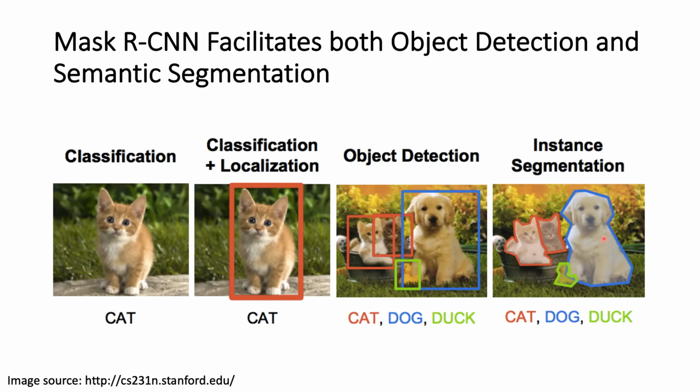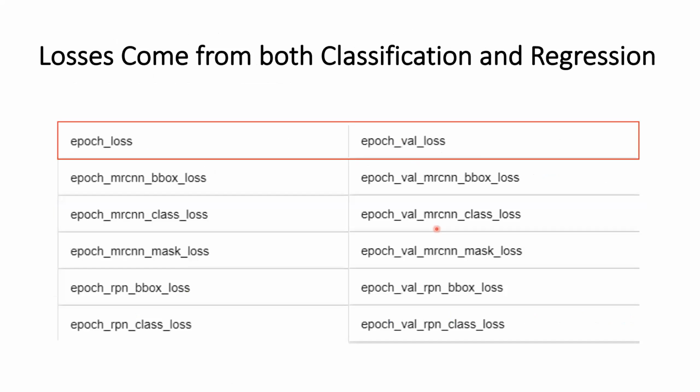But they did not use the mask to perform the classification. They still use the bounding box to perform the classification. They say the reason is that this can save a lot of time.